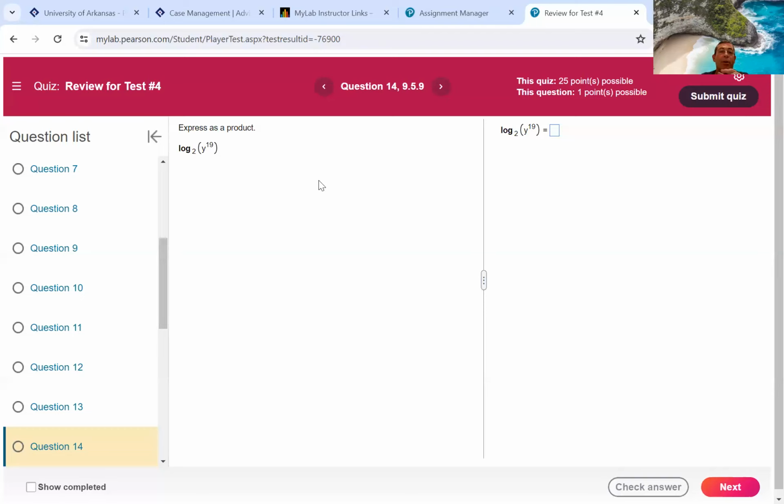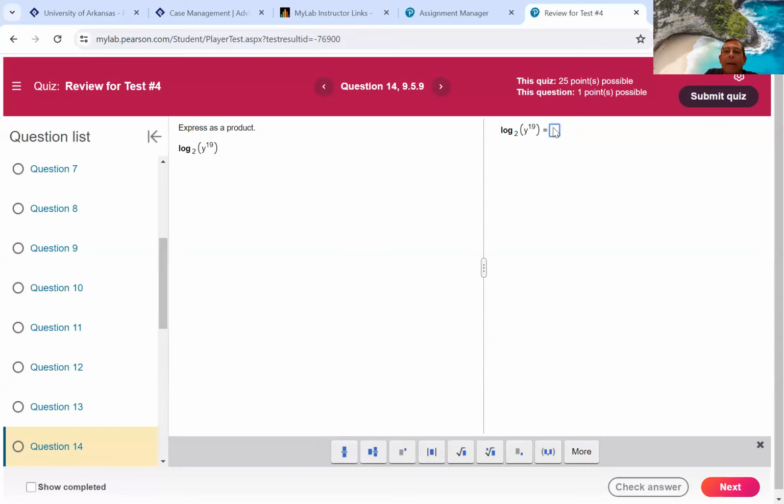Are y'all seeing my new problem, log base 2 of y to the 19th? Are y'all seeing that? Yep. Okay. For this one, we would bring the 19 down to the front. So I'm going to punch in my 19 first, then write log, L-O-G.